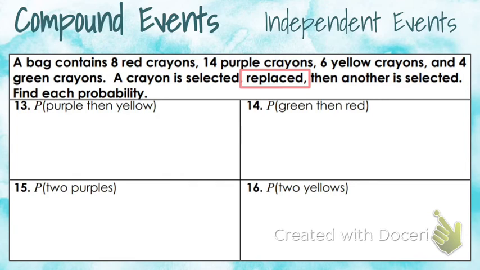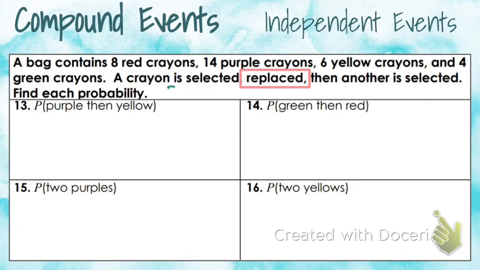Well, probably not, but you get the gist. So a crayon, I said marbles too. Anyway, doesn't matter. So a crayon is selected and replaced, then another is selected. That is what makes these independent, because the marble is replaced. So we want the probability of drawing a purple and then a yellow marble. So we're just going to find the probability of each and multiply them together. So first we want to know how many total crayons there are.